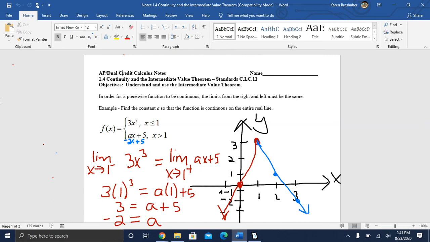So the process will be to set the two sides of the limit equal to each other and solve for the missing variable. You might keep in mind that if you have two variables, to solve that type of problem, you'll probably need two equations. So think about that to kind of stretch this idea as you do your homework.